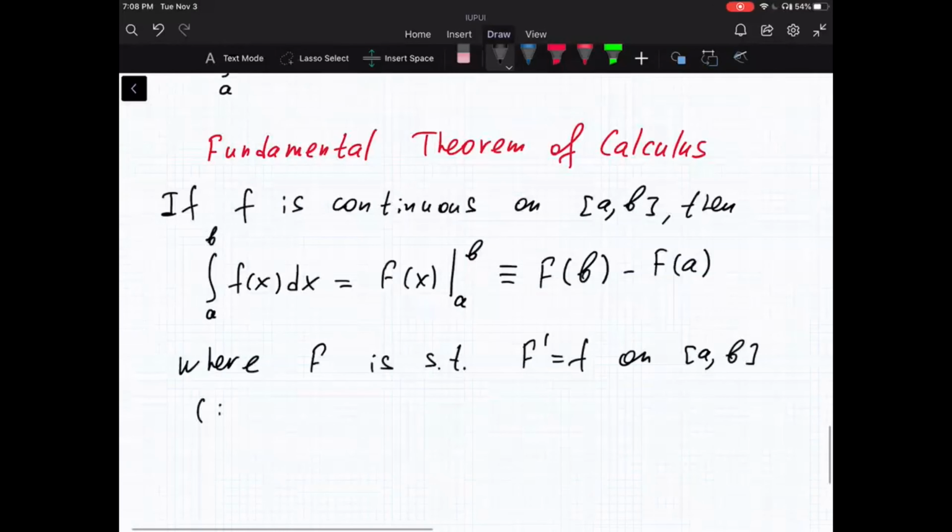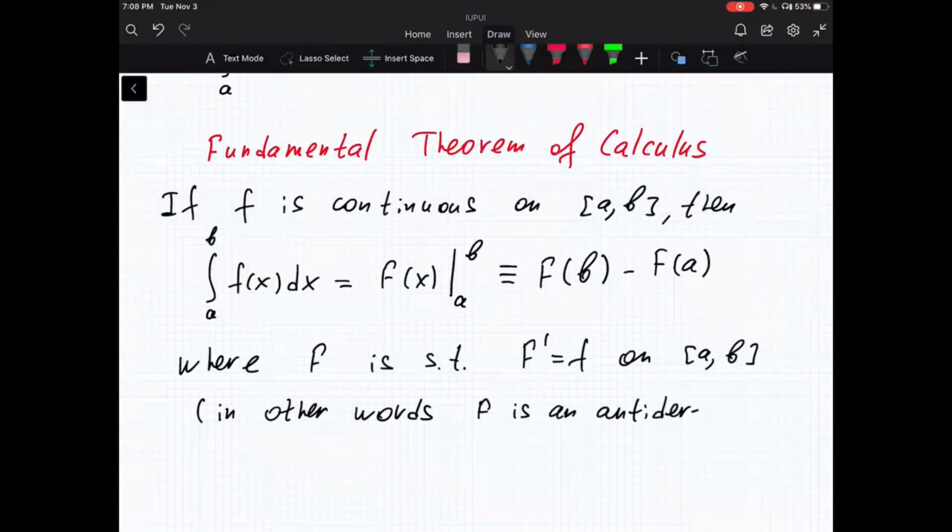So in other words, capital F is an antiderivative of f on that interval.